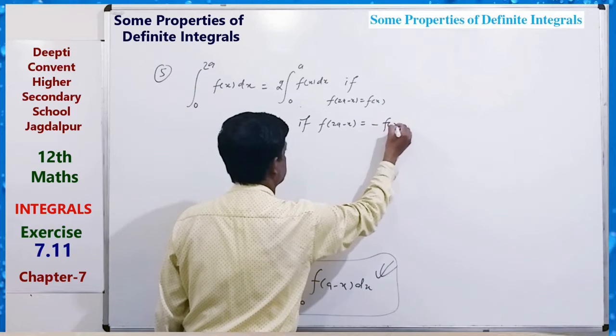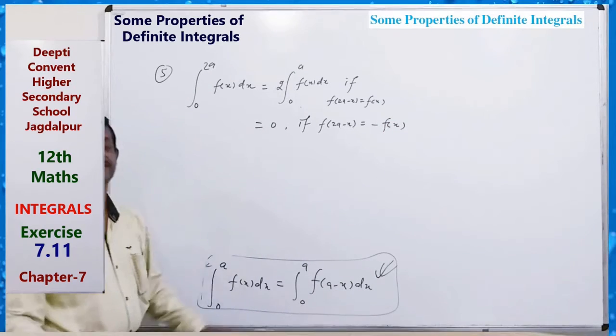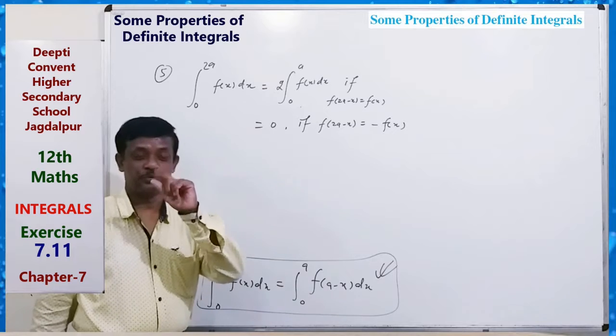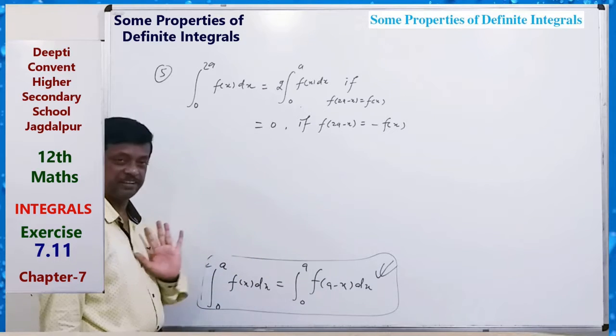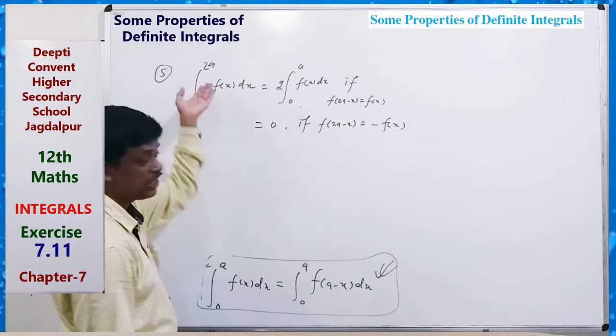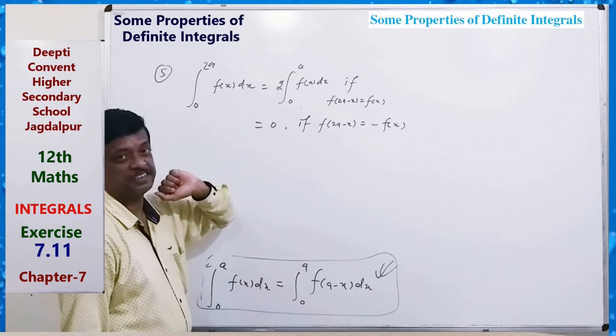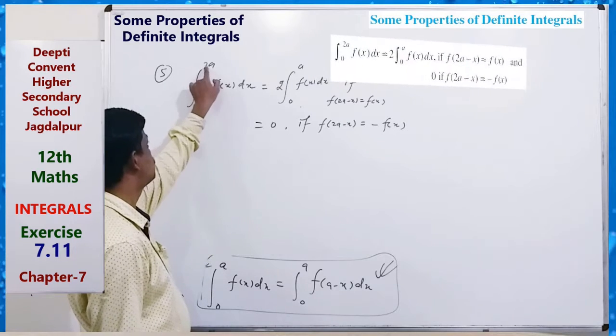So what type of property is this? Here the integral from 0 to 2a of f(x) dx equals 2 outside, 2 times the integral from 0 to a of f(x) dx.